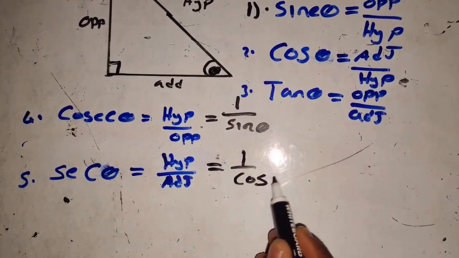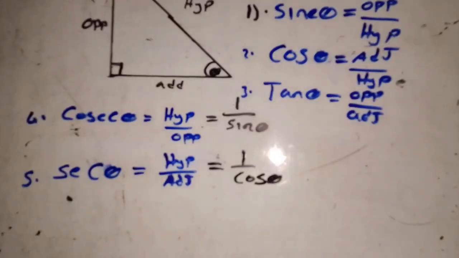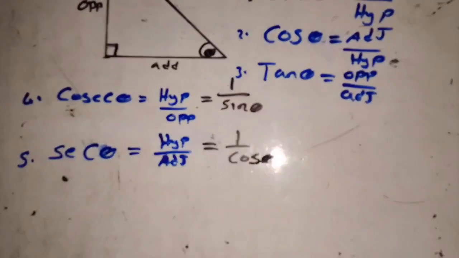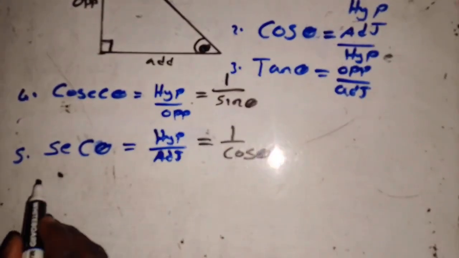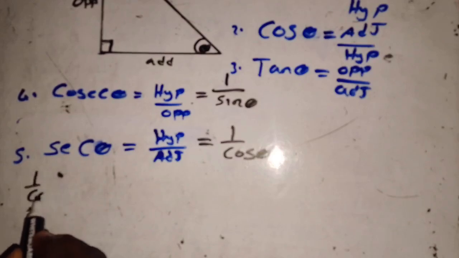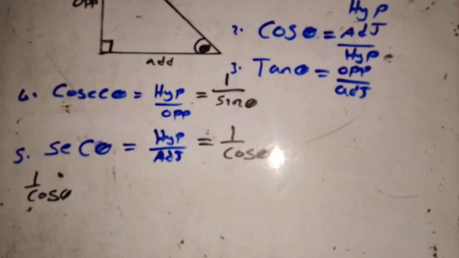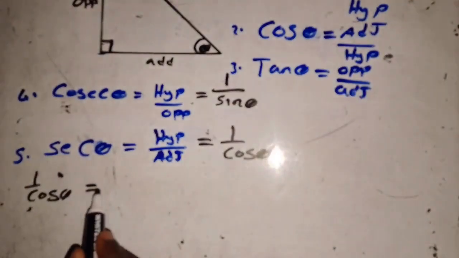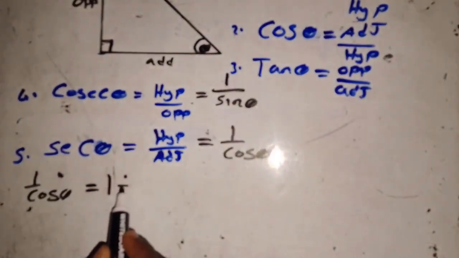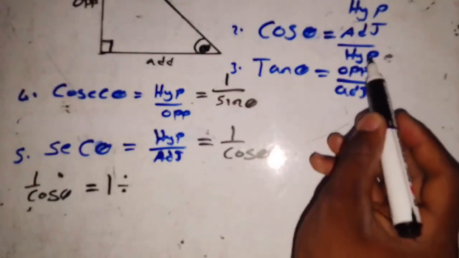theta. So let's just prove that secant is 1 over cos theta. We know that cos is adjacent over hypotenuse. So we're going to have 1 divided by adjacent over hypotenuse, which is cos.